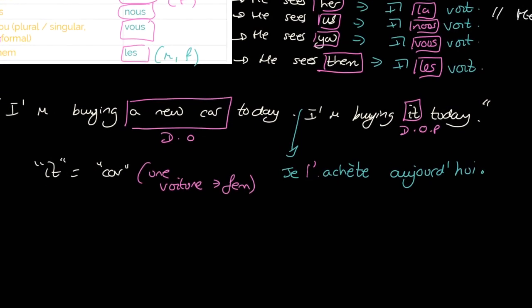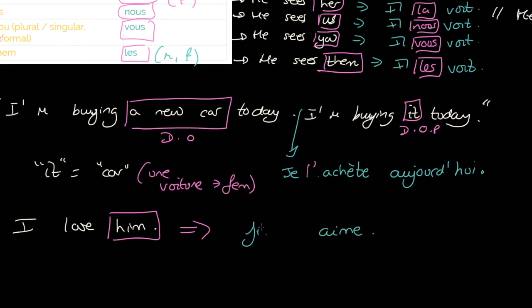Or we might want to say, I love him. I love him. So, what do you love? Him. So let's see what that becomes in French. I love, je aime, or technically it would be j'aime, wouldn't it?